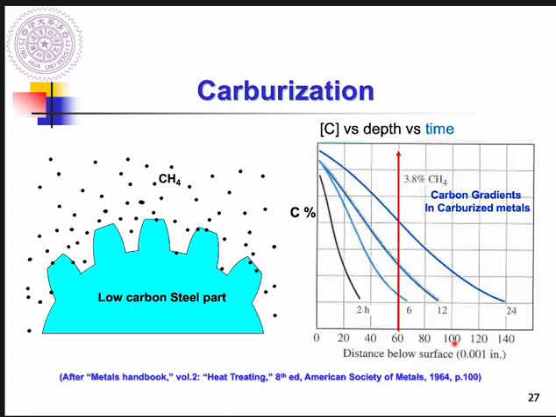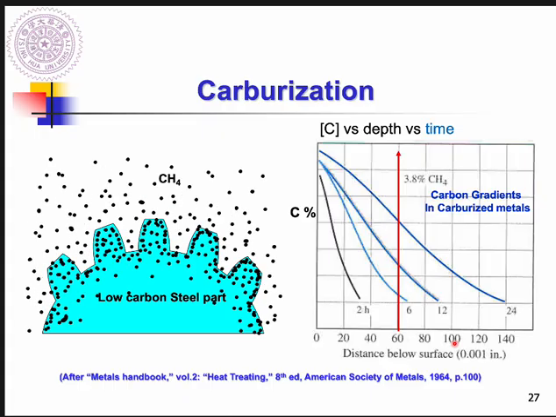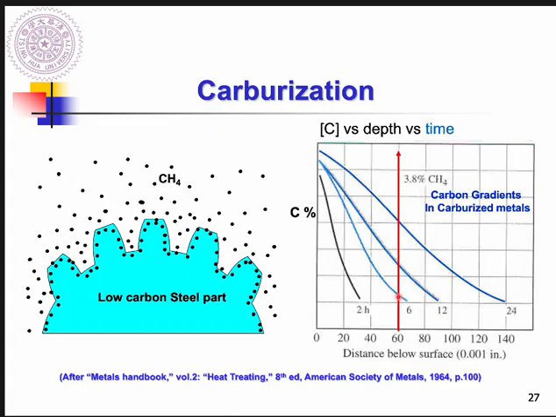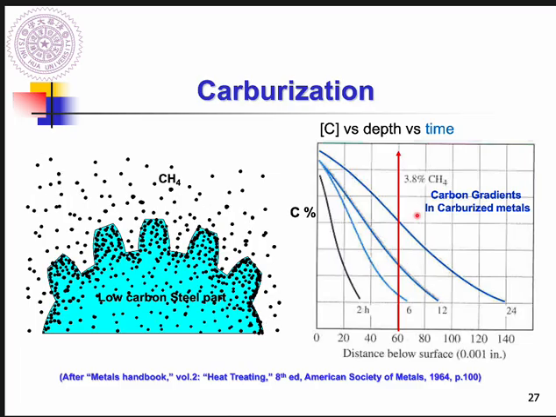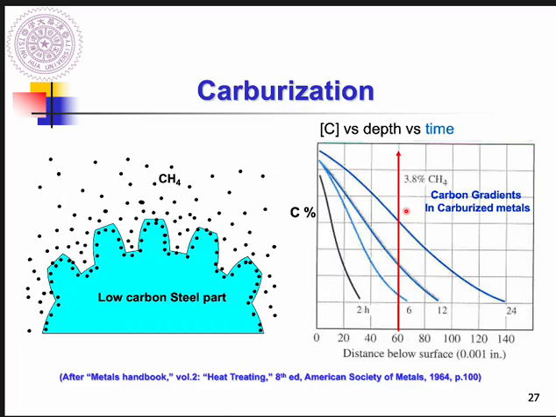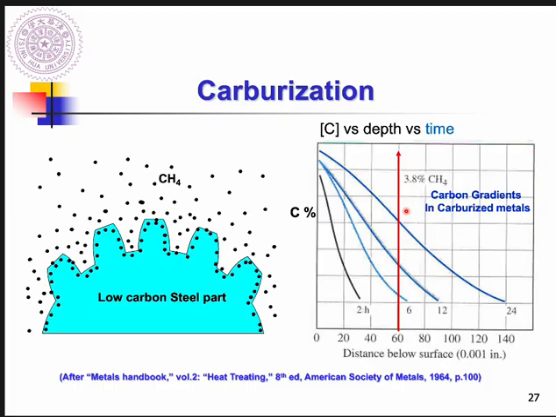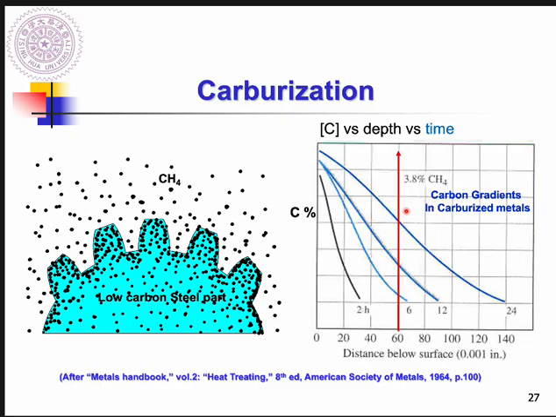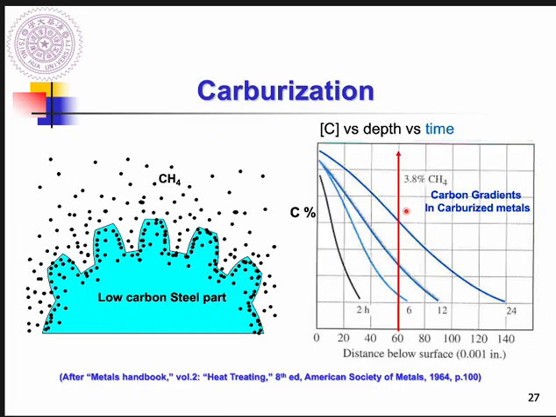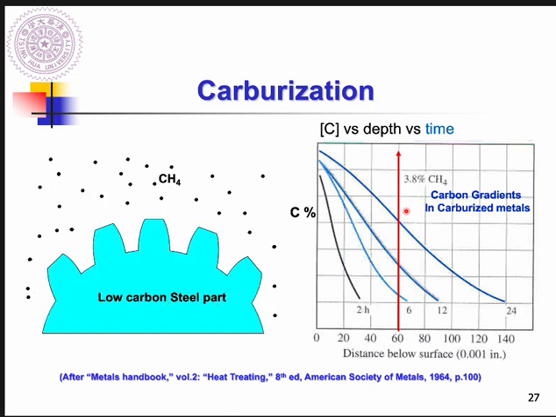You find that as time increases, the carbon concentration increases as well. This is what we call a carbon gradient in carburized metals, a regular treatment for steel parts.